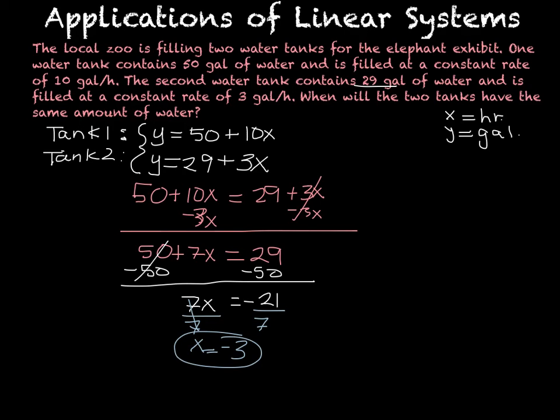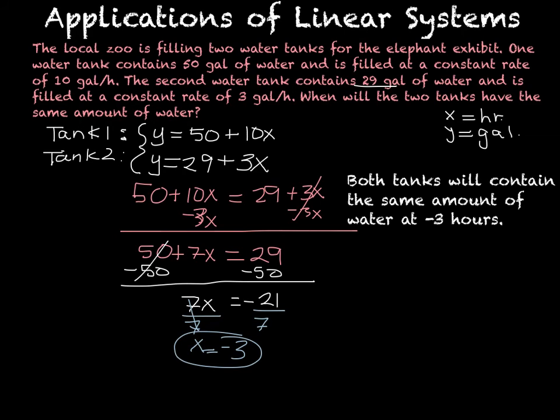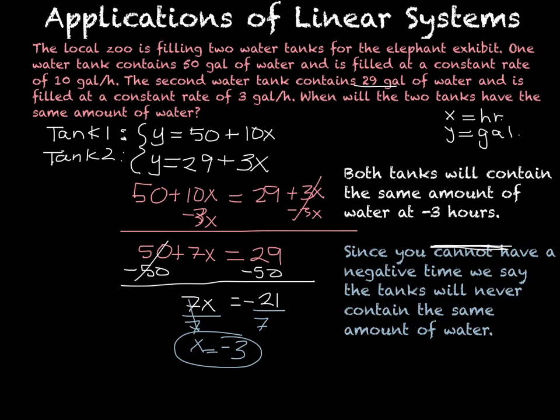So what this means, both tanks will contain the same amount of water at negative 3 hours. But you have to think, does negative 3 hours make sense? Can you have a negative time?